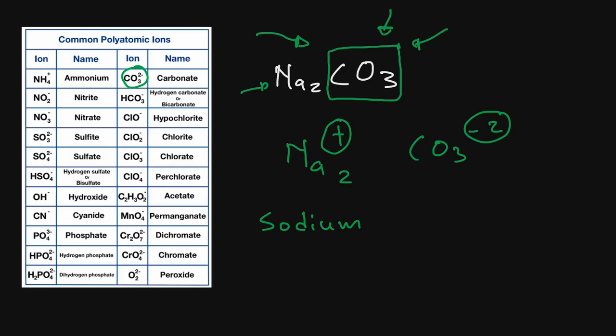It's just a polyatomic ion, so it has a specific name, and you put that name as it is. This is a carbonate. So the name of the compound is sodium carbonate. That is how you label a polyatomic compound.